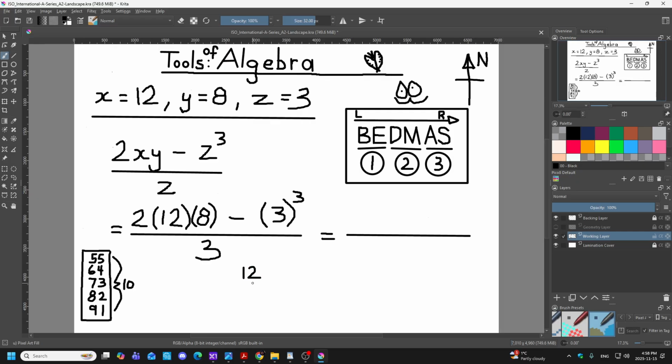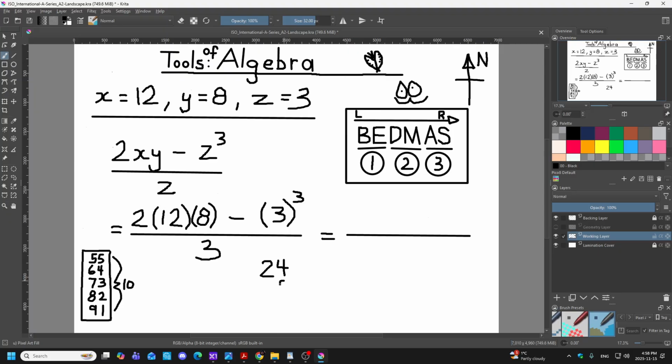We know that 12 times 2 is 24, right? 2 times 2 is 4. 24, right? I'm going to do all 3 here right now. Okay, so we have 24. So I've got the 2 times 12 done.